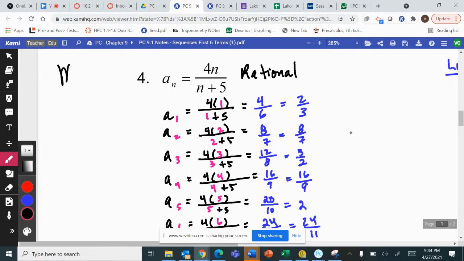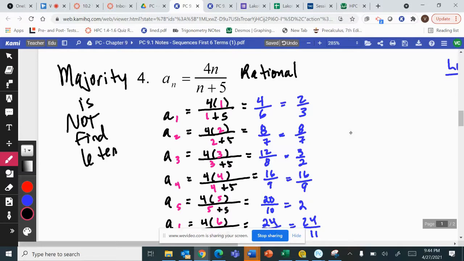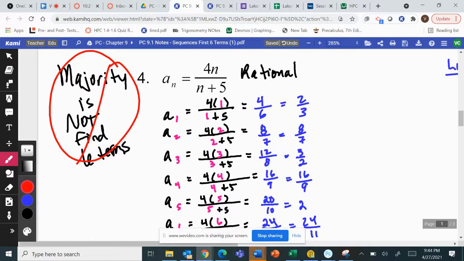The majority of this chapter is not this introductory lesson. The majority of this chapter is not what we're doing today. This is to give you hints and tips and ideas so that you're going to go backwards. You're going to be given the answer, and you have to find what pattern gave you that answer.